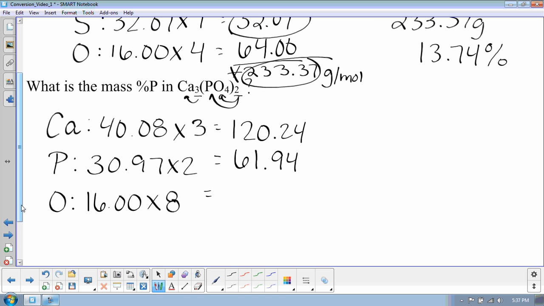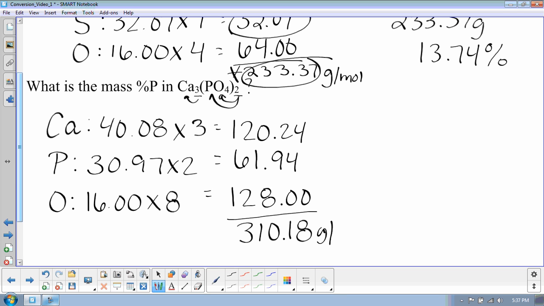And for oxygen, I get 16.00 times 8, which ends up being 128. I'm going to add all of these together. I'm going to get 128 plus 61.94 plus 120.24. I get a total of 310.18. And that's going to be grams per mole here.